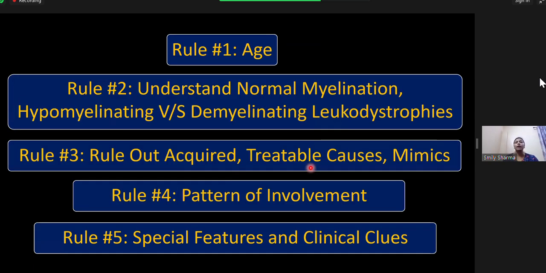The basic rules are: look at the age of the patient, understand whether it is hypomyelinating or demyelinating, rule out any acquired treatable causes and mimics, look at the pattern of involvement, and look for any special features like cyst, calcification, hyperdense thalami, contrast enhancement, and always look for the clinical clues.